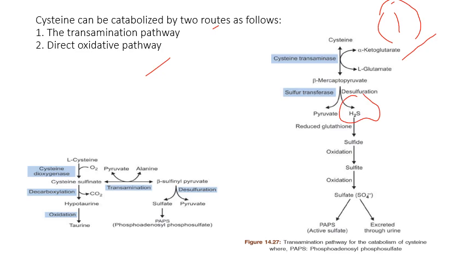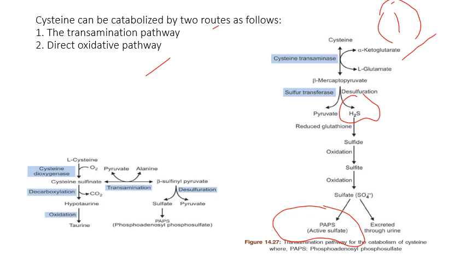This hydrogen sulfide is reduced with the help of reduced glutathione and converted into sulfite, then immediately into sulfate. This sulfate formed in this manner can be excreted in urine or converted into active sulfate, that is PAPS, phosphoadenosine phosphosulfate, by using ATP.